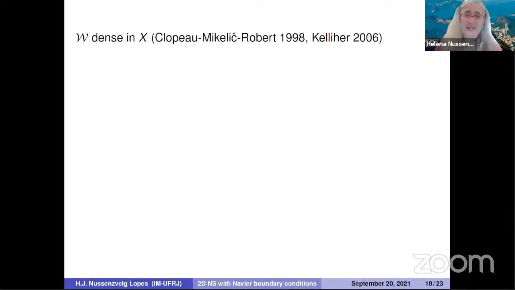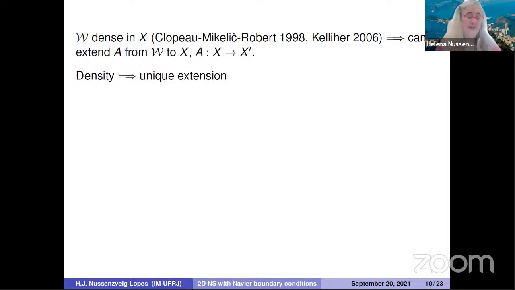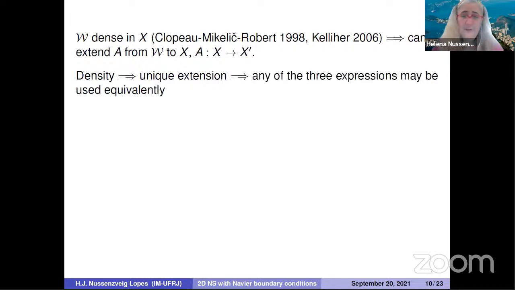Now W is dense in X. This was established by Clopeau, Mikelić, and Robert in 1998 in the case of simply connected domains, and then extended to multiply connected domains by Jim in his thesis. Therefore you can extend this Stokes operator from W to X in a unique way, and it gives rise to an operator which takes X into its dual. By density, you have a unique extension, and so any of these three expressions may be used interchangeably.